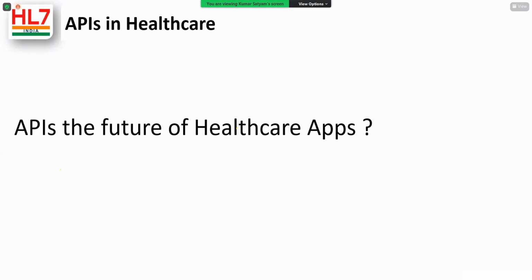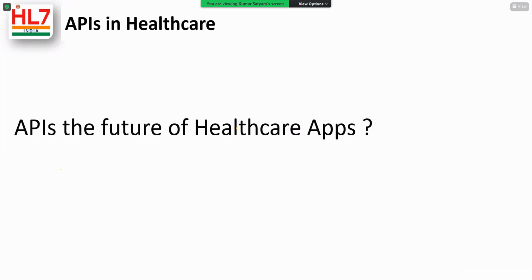So now it is the time for healthcare to start adopting APIs, so that it opens up the data, the implementation, the platform.